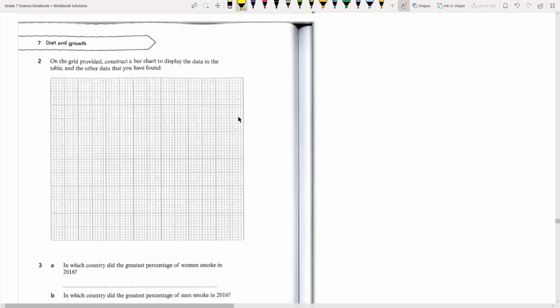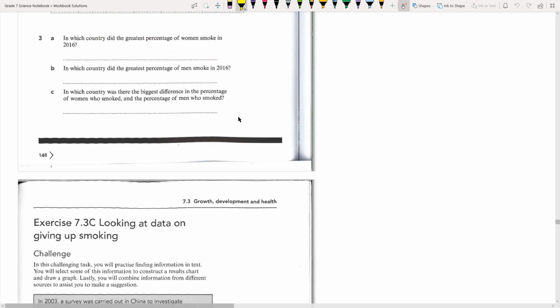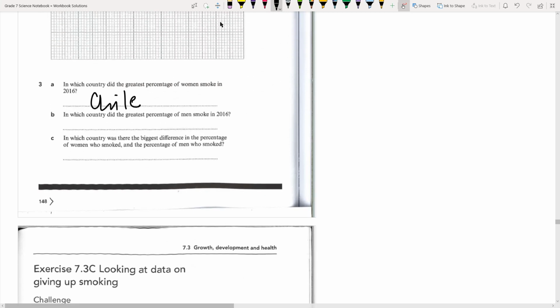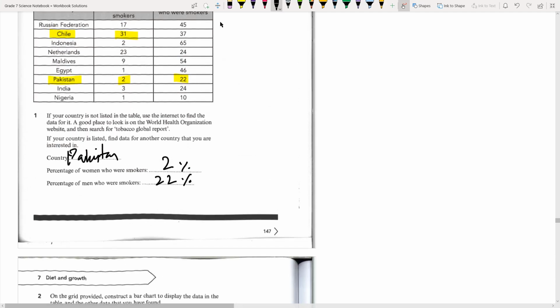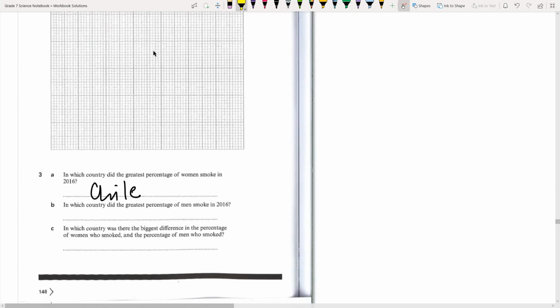And in which country did the greatest percentage of men smoke? For men, we have the biggest number as 54, that's Maldives. Oh, sorry, that's Indonesia. We have 65 here. So Indonesia had the highest number of men smokers.